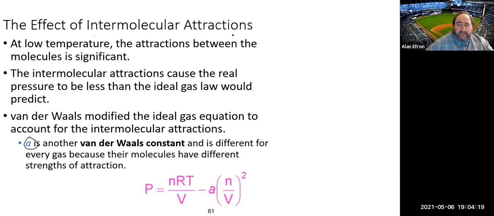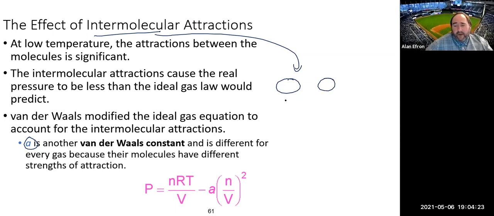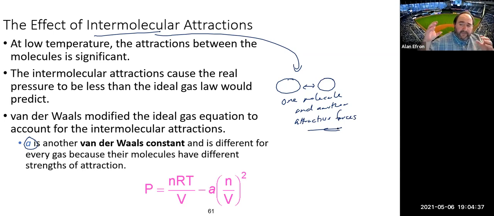Intermolecular forces means the attractive forces between one molecule and another. They're basically the forces that hold one entire molecule together with another. And again, he came up with this correction value on that.